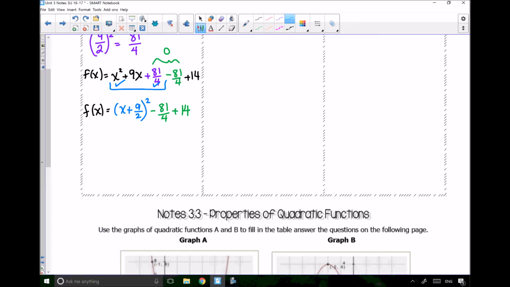Last thing I'm going to do is get a common denominator right here. So I'm going to make this 14 have a denominator of 4. So I end up getting f of x is equal to x plus 9 over 2 squared, and then minus 81 over 4 plus, in order to get a common denominator of 4, I'm going to multiply this by 4, numerator and denominator both, so I end up getting 56 over 4.